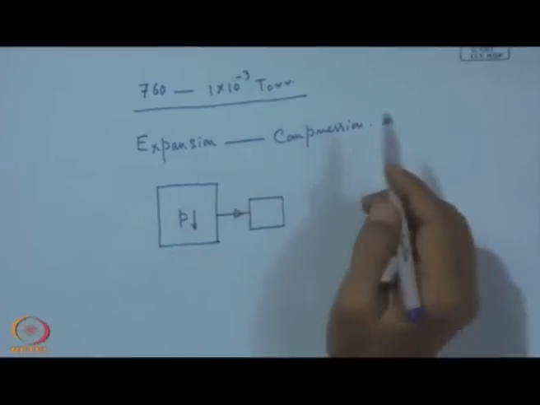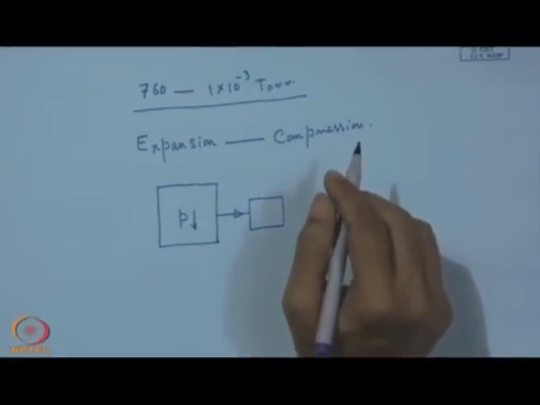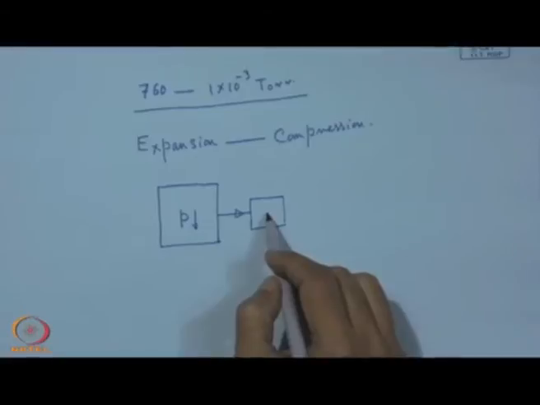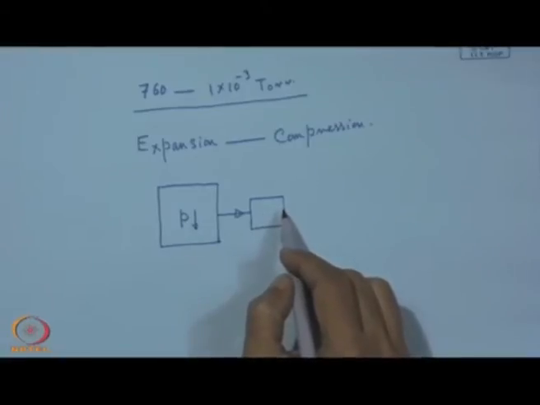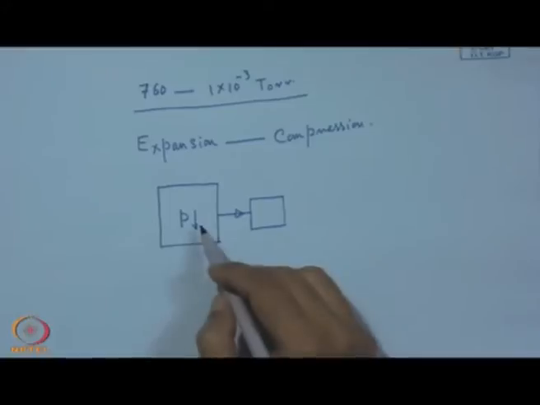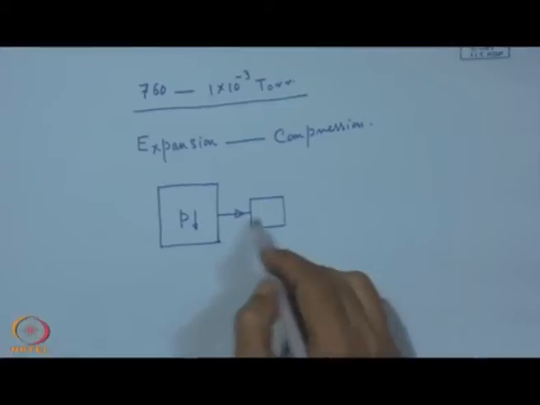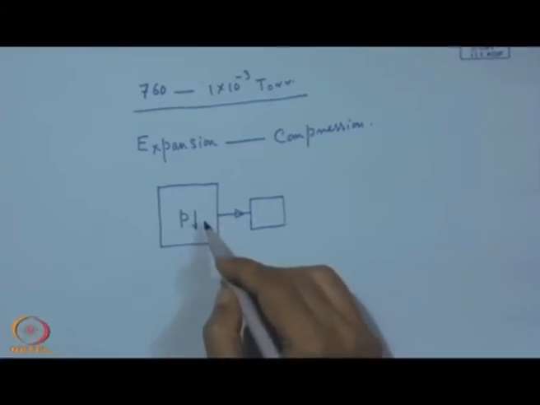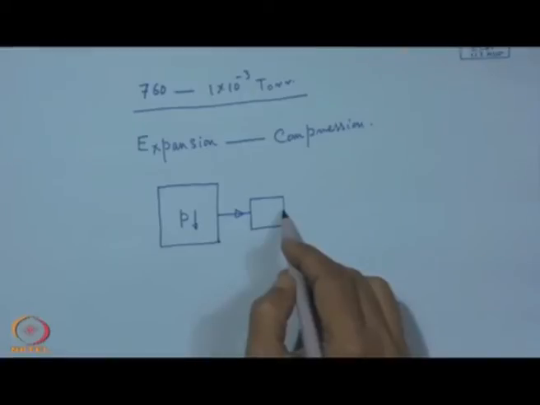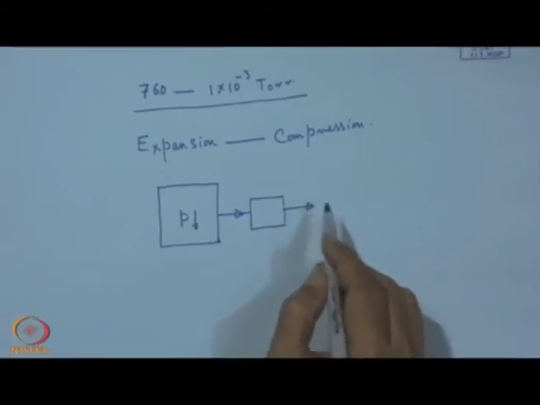During this compression, what is going to happen? We have to increase the pressure above atmosphere, so that the gas can be thrown outside. So this is expansion, reduction of pressure, and then by compression, increase of pressure above atmosphere. If it is atmospheric pressure, the pump will reduce the pressure in its chamber below atmosphere, and then it will be increased above atmosphere, and then it will be thrown out.